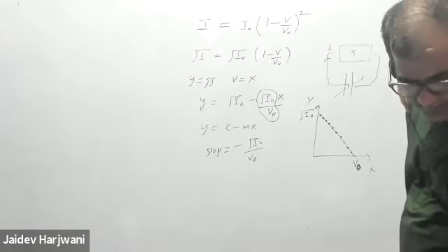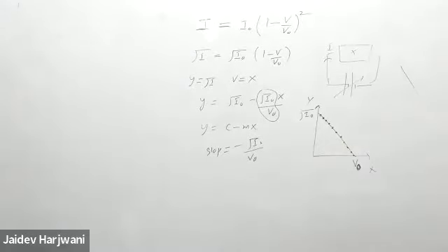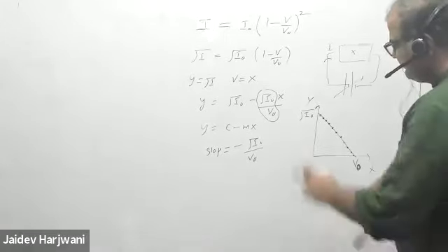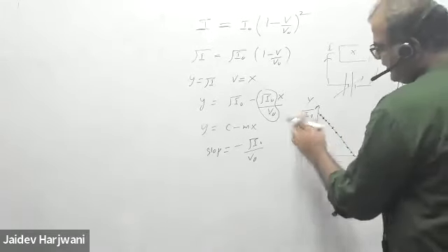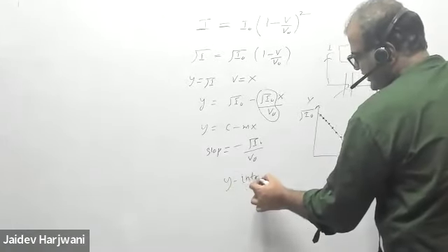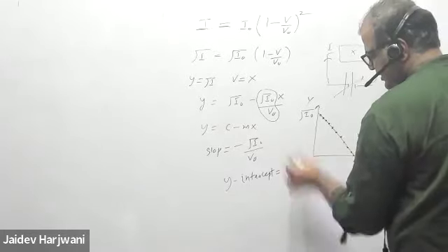Whose mic is on? So this is the slope and this is the y-intercept. I naught I can find from the y-intercept: the y-intercept will give me under root I naught.